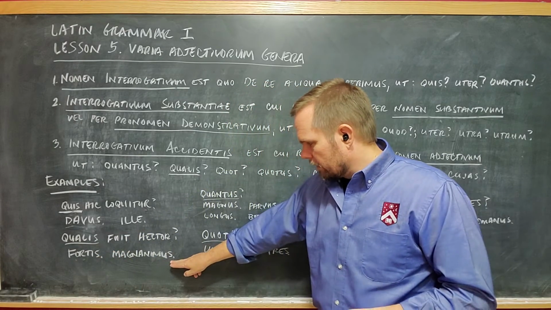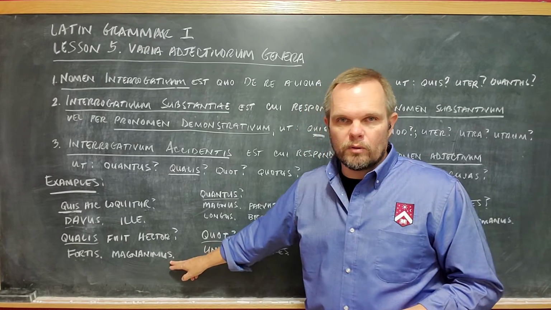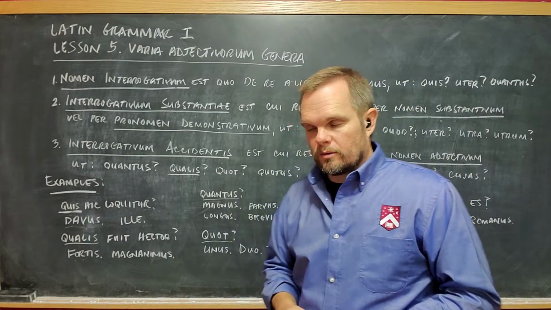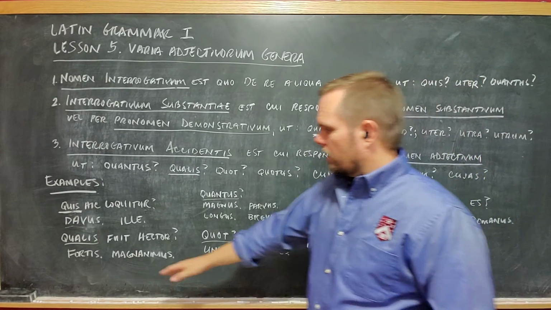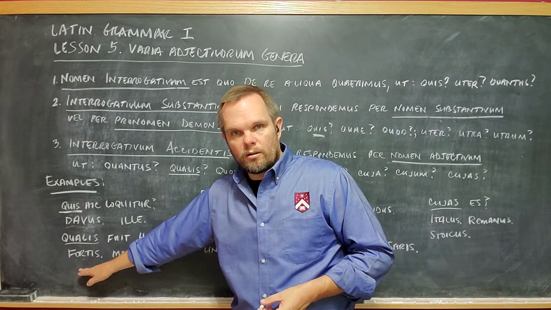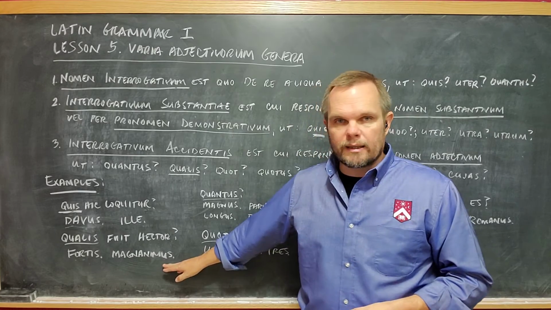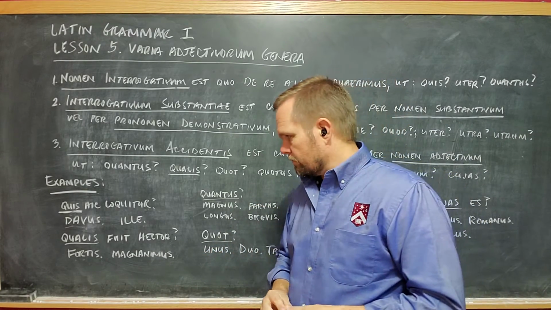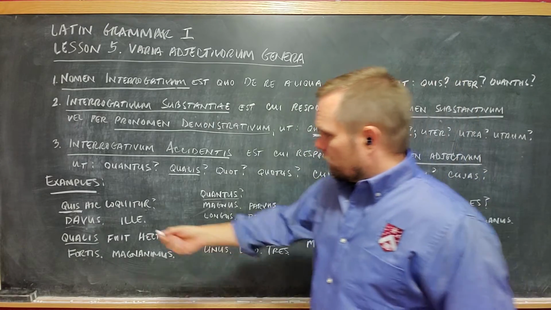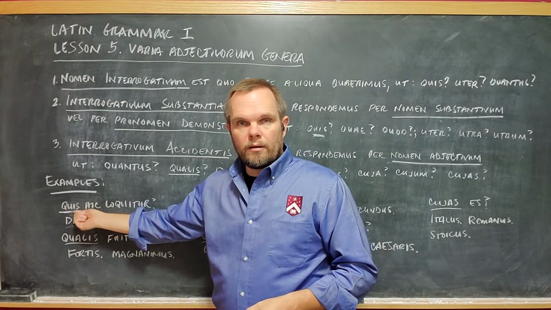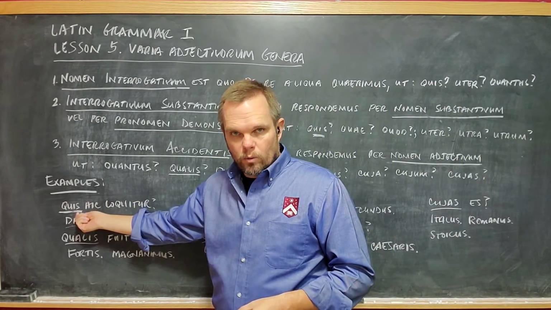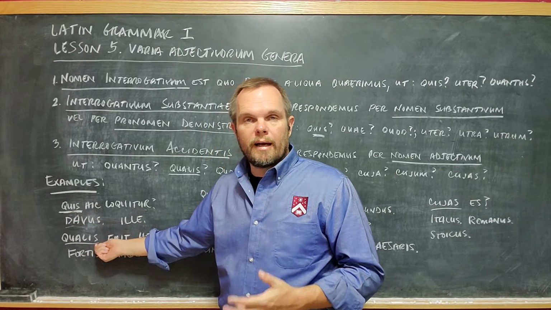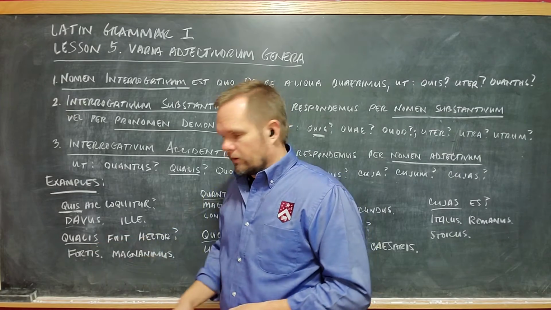The second example that Alvarez gives us is magnanimus, which is just another adjective that means courageous. Okay, so Hector was fortis, strong. Hector was magnanimus, magnanimous, courageous. All right. So we have an example of an interrogative noun of substance in quis, and we have an example of an interrogative noun of accident in qualis.